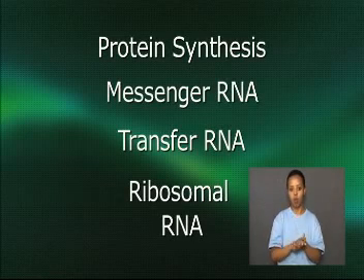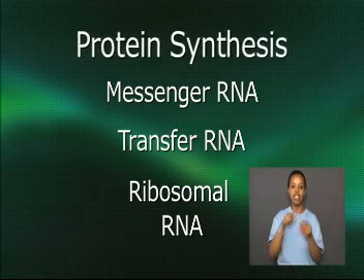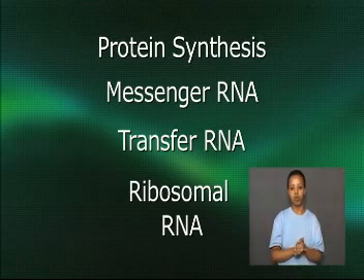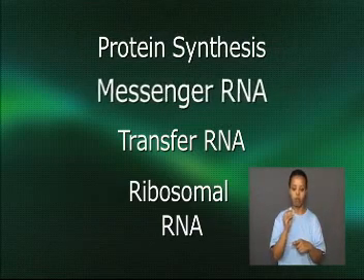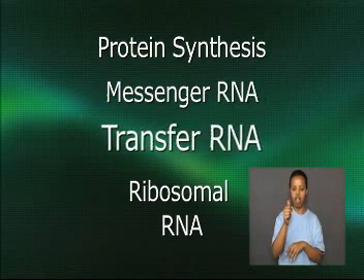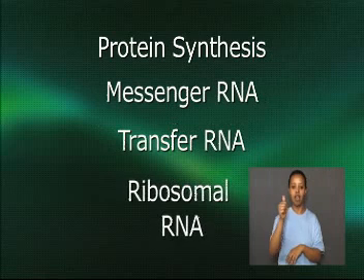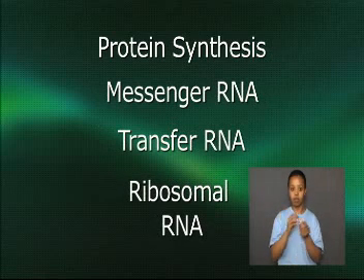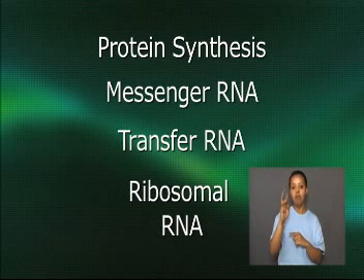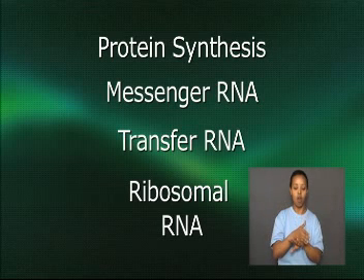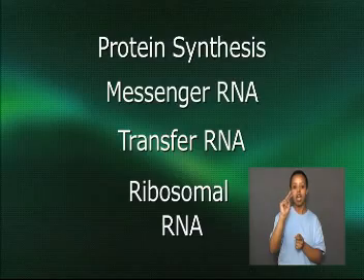In today's lesson, we described the process of protein synthesis and the function of messenger RNA, transfer RNA, and ribosomal RNA. We learned that after mRNA is created during transcription, it travels to the ribosome.